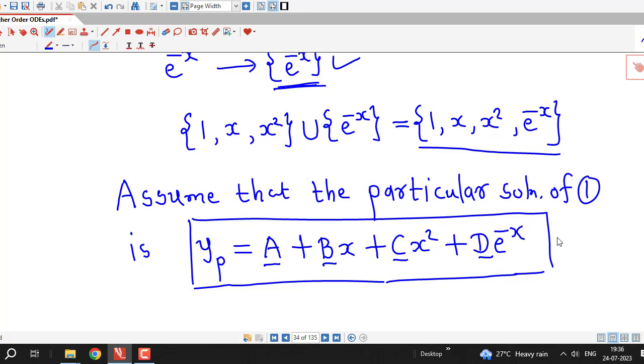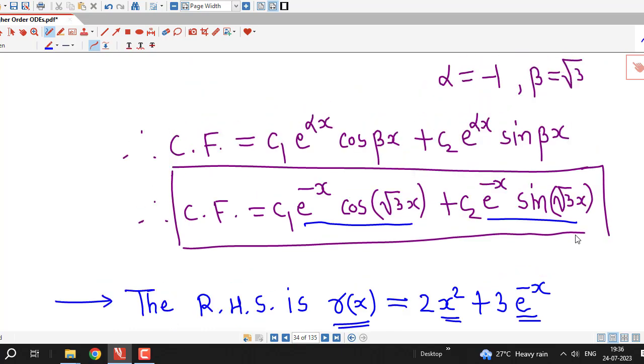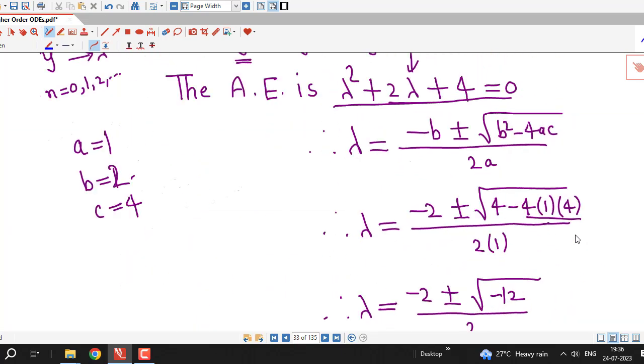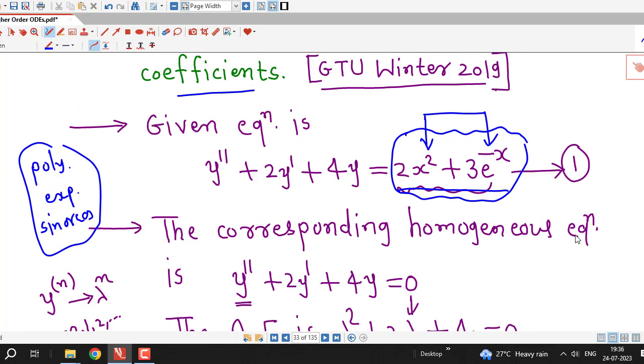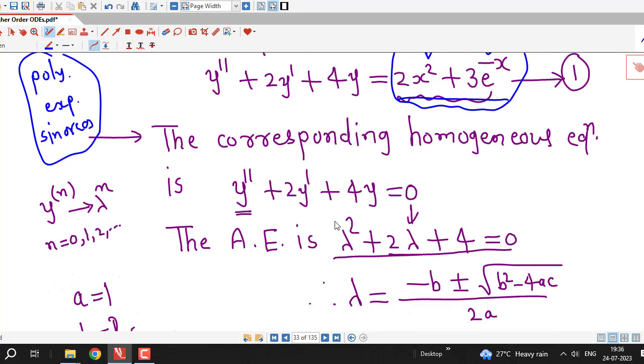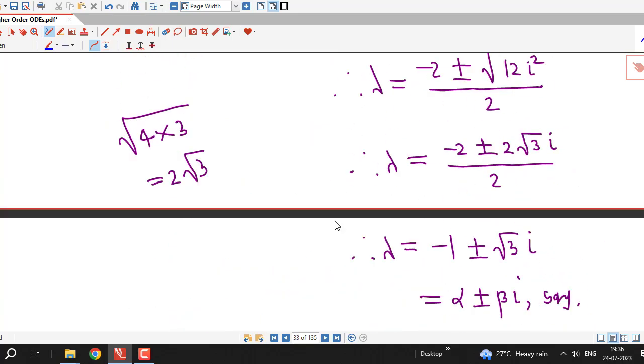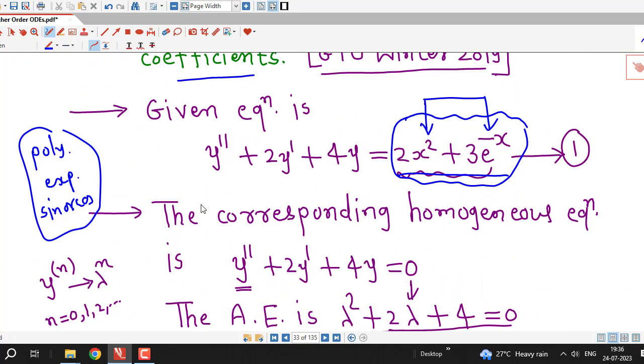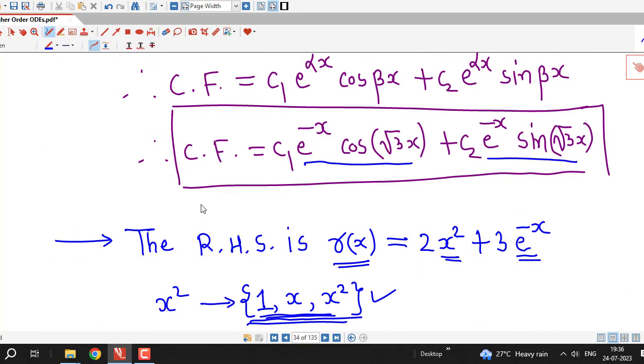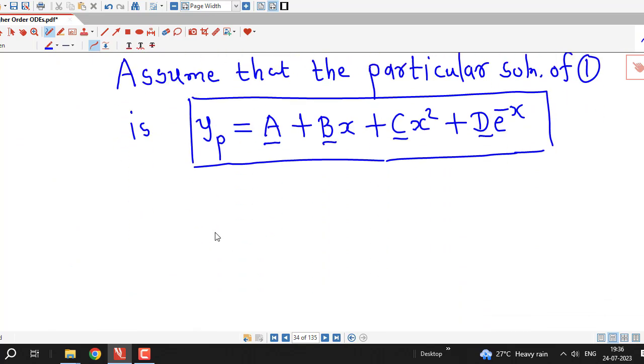For that we will put this y_p in the given equation, and by comparing the coefficients we will be able to decide these constants. Now our differential equation is of second order, so first I have to differentiate this two times, and then I will substitute the values of y_p, y_p' and y_p'' in the given equation.